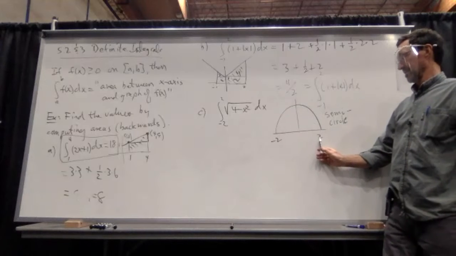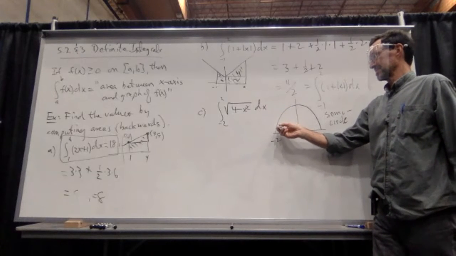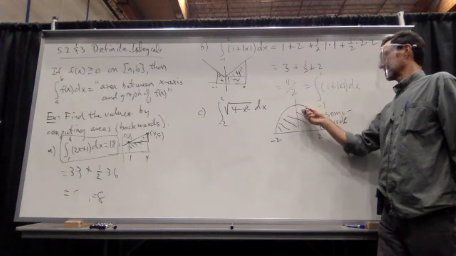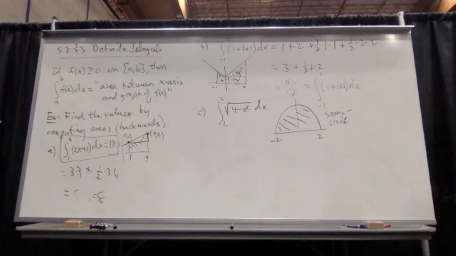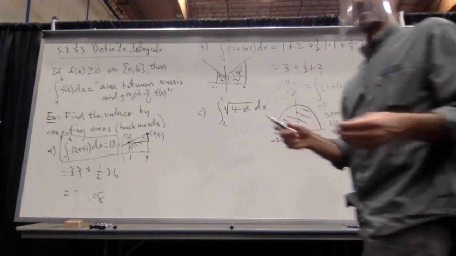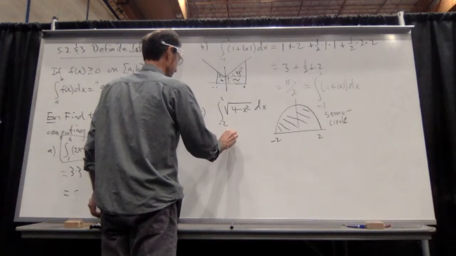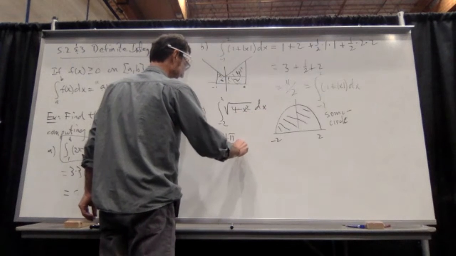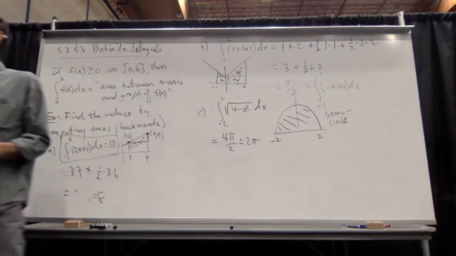So just like I've drawn, 2 to negative 2. So the value of this integral is the area in a semicircle of radius 2. Well, how much area is in a full circle of radius 2, which is 4 pi, but this is only a half circle, so what do I do? Divide by 2. Yeah. So the value of that integral is 2 pi.